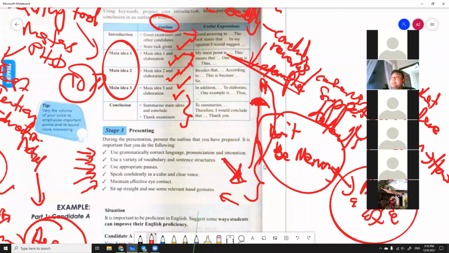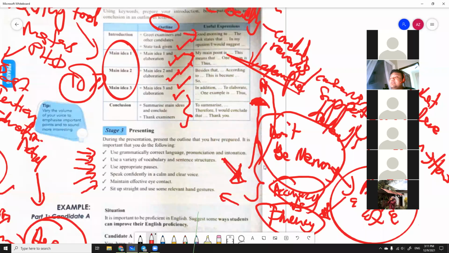And to me, what matters when we talk about accuracy versus fluency, okay, fluency means fluent. Accuracy means you are being very particular with the grammatical errors, with the sentence structures, with the vocabulary selection and so on. I would say that I would be focusing more on fluency.